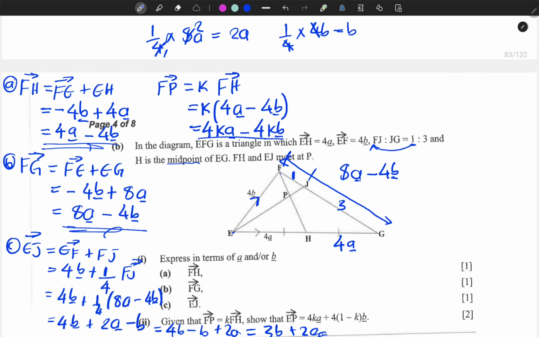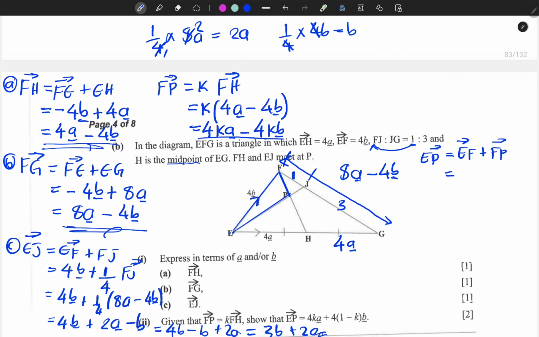Now the question is show that EP is equal to, so if we were to move from E up to P, we can use this one and this one. So that is what we are going to use. So say EF plus FP.